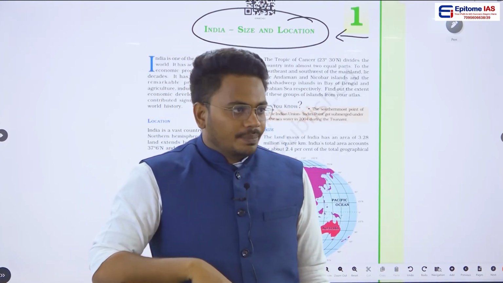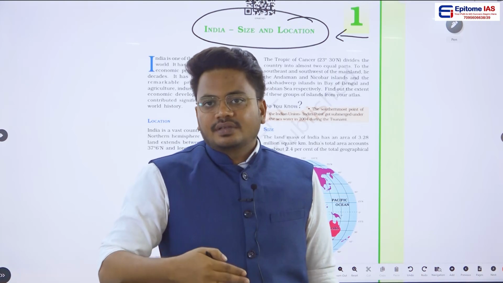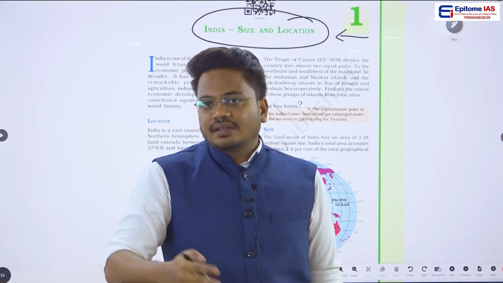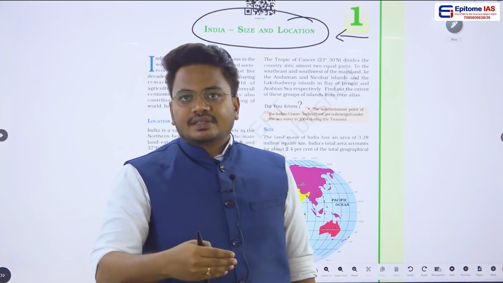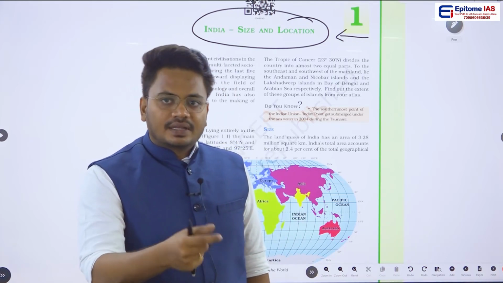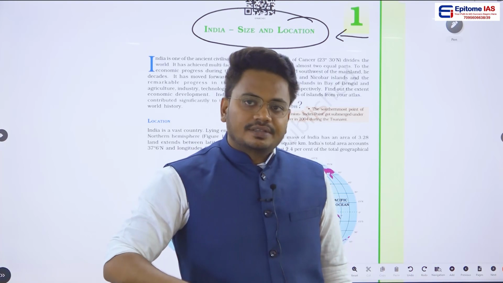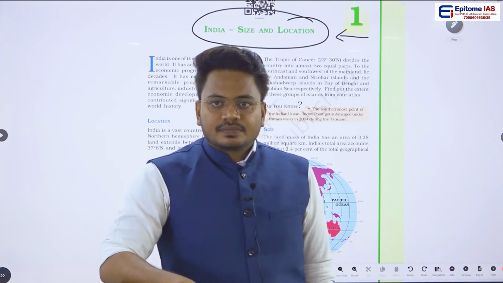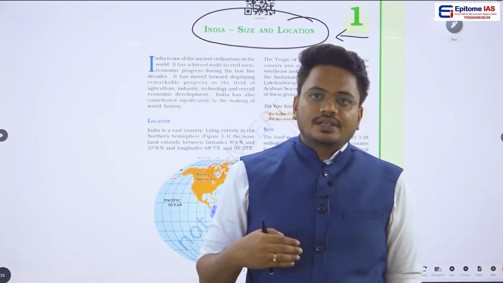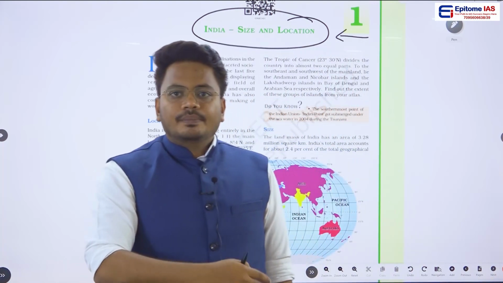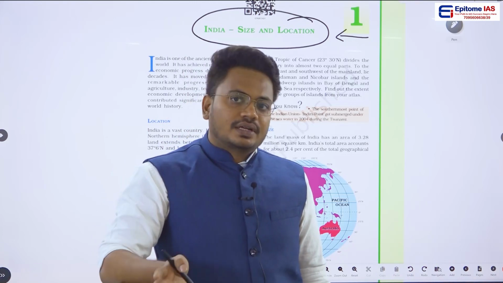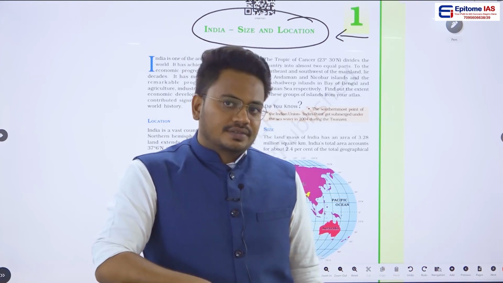So in the previous classes, we have already discussed India's size and location. Since we are covering 9th class NCERT, this chapter is given again in this class. So here, majorly we will be recollecting the facts which were already learnt in previous classes.